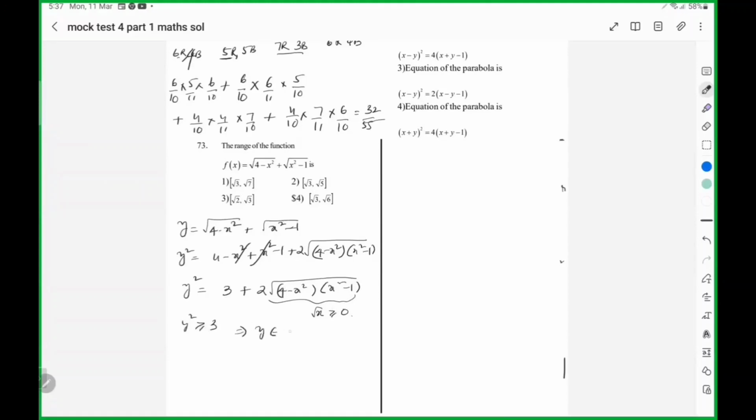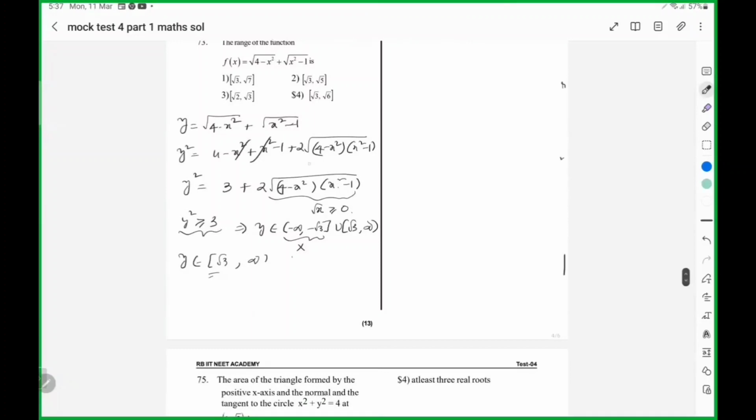So y belongs to minus infinity to minus root 3 union this. But the root cannot be negative, so y will not come to the negative region, only root 3 to infinity. We got the lower bound. For getting the upper bound, this cannot go to infinity.